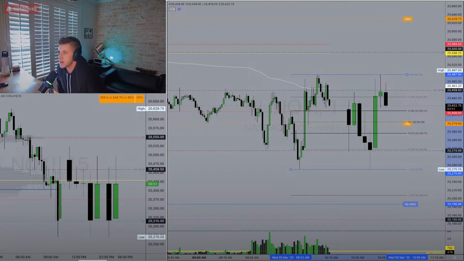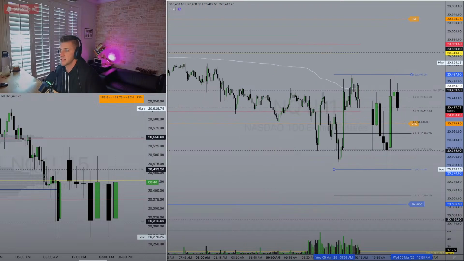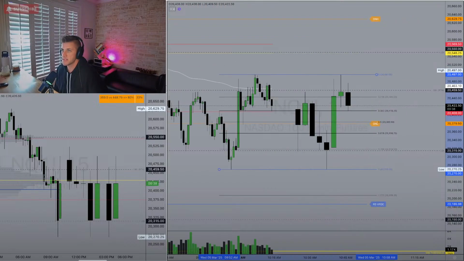Into that intraday 38% fib. So sellers doing a good job here, near 460. Remember, 460 is last week's low. Got some overnight resistance through there as well from that pre-market session.